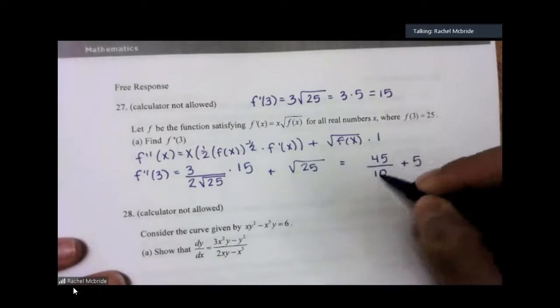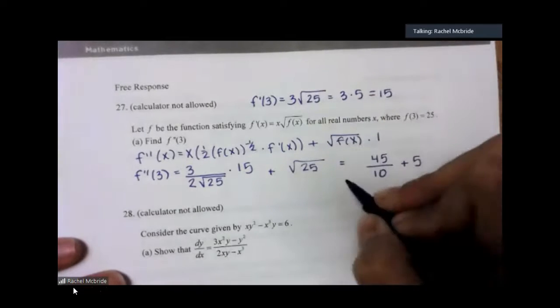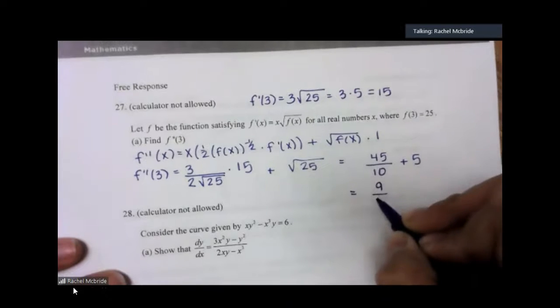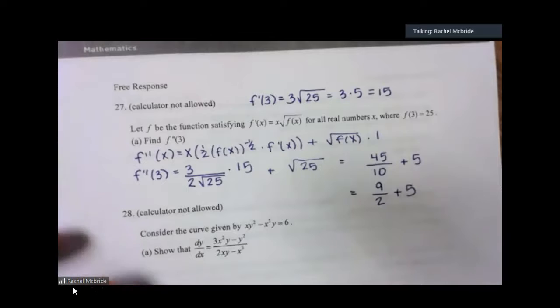If you had 45/10, sometimes if you simplified that, 45 divided by 5 is 9. 10 divided by 5 is 2. So you could have had 9/2 plus 5. Now remember, if this is a free response question on the AP exam, that answer, 9/2 plus 5, that 45/10 plus 5, is acceptable.